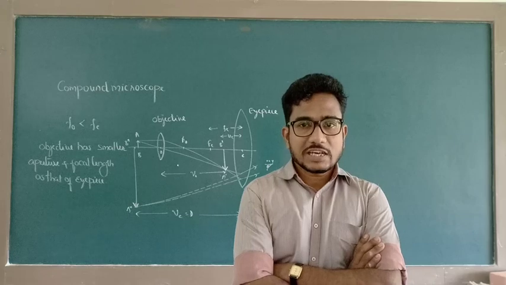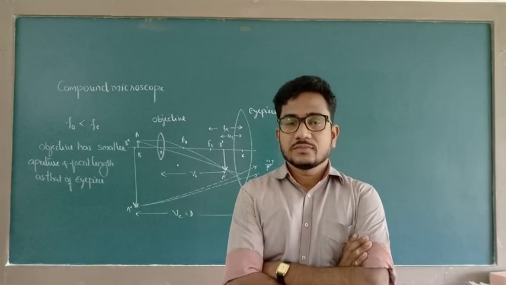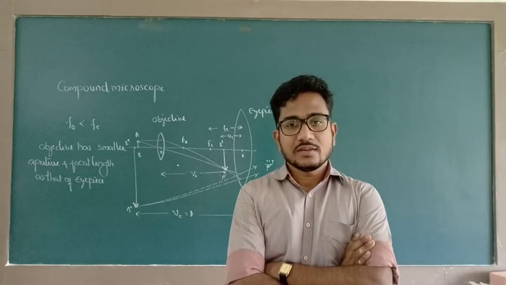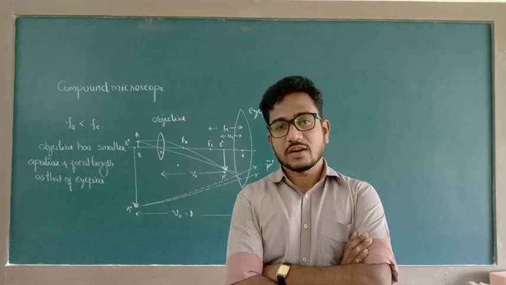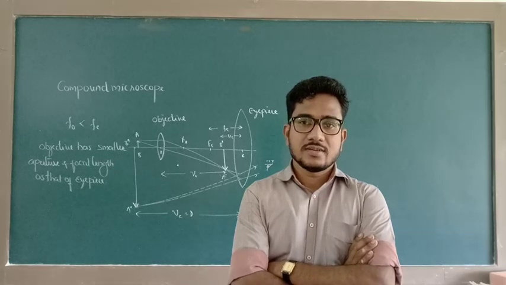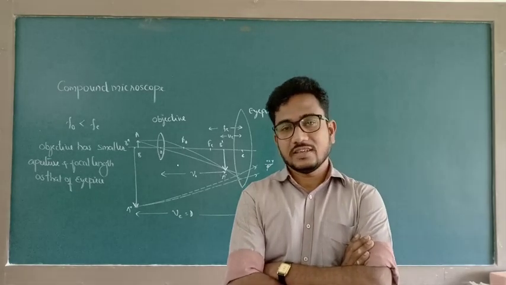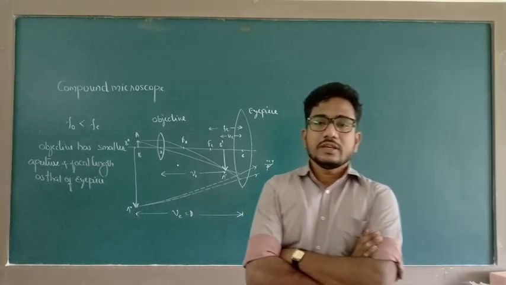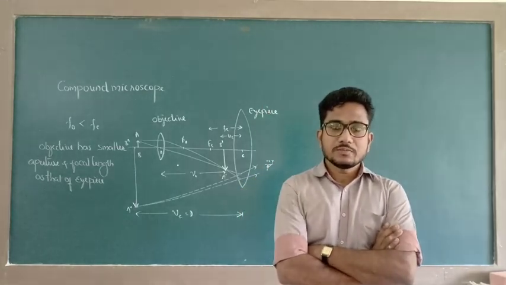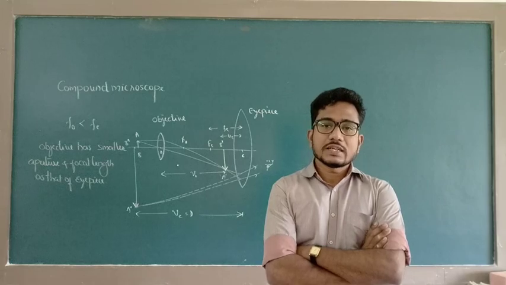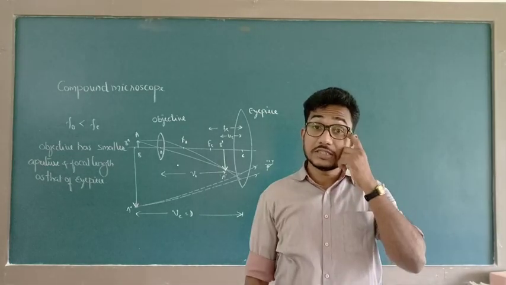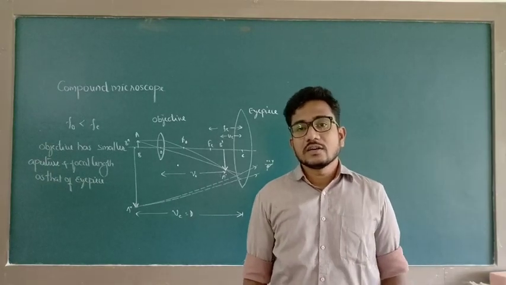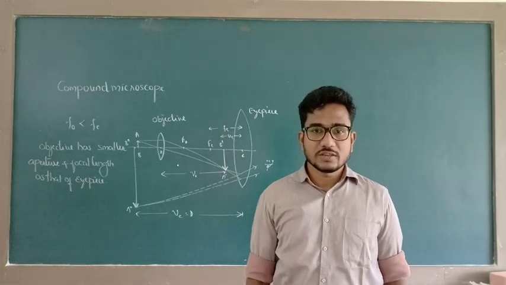A telescope is an optical instrument used to view distant objects or heavenly bodies like stars, planets, etc. In a telescope, we are going to consider a combination of converging lenses, or sometimes a combination of mirrors.